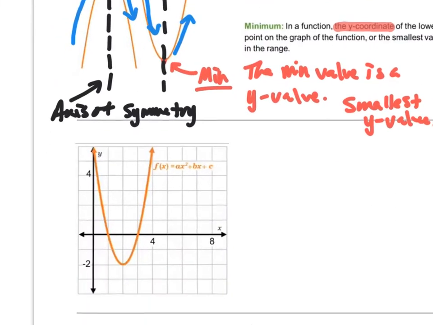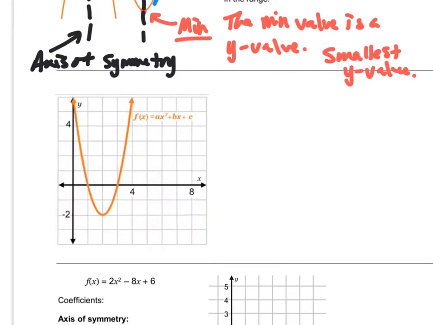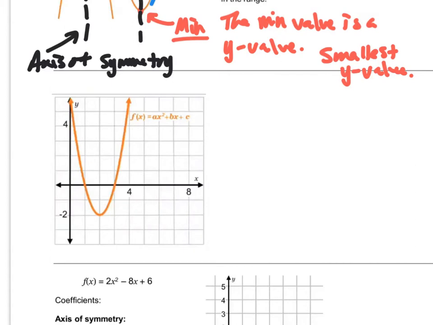So let's take a look at a generic function, f of x equals ax squared plus bx plus c. I want to identify our minimum value here. I'm going to put a point down here at (2, negative 2). This is our minimum value.